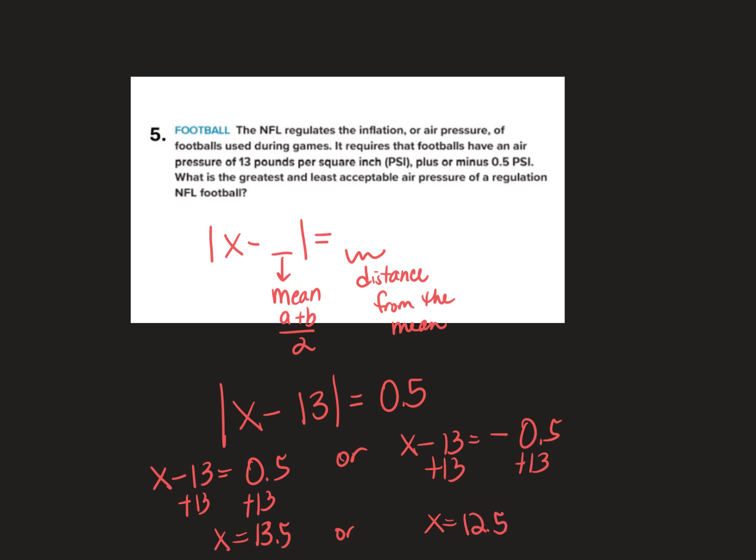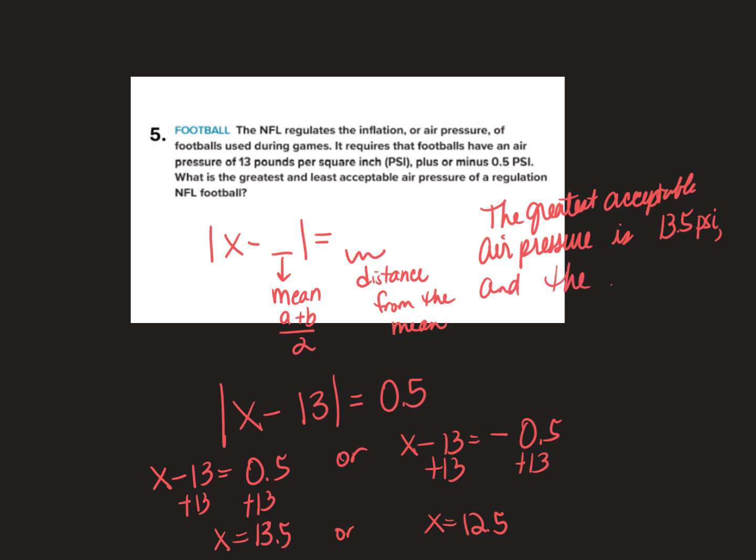So to answer this in a complete sentence, the greatest acceptable air pressure is 13.5 pounds per square inch, and the least acceptable air pressure is 12.5 psi.